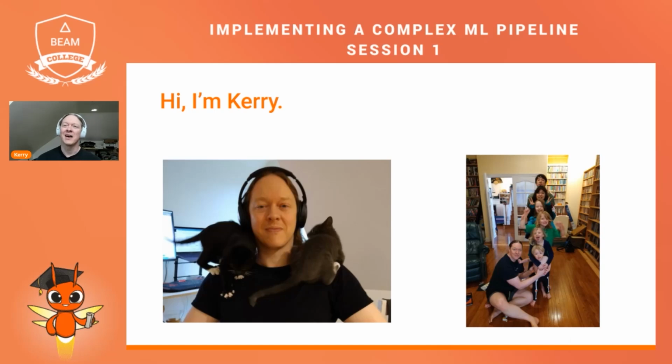I'm Kerry. These are two pictures I like to use to introduce myself. The left is me in a different corner of the room I'm in now when I'm working at home. I have two cats, and occasionally they will claw their way up to my shoulders and sit and accompany me. If you're lucky, they might show up in this video, though I've tried to discourage them as they're quite a bit larger than in that photo.